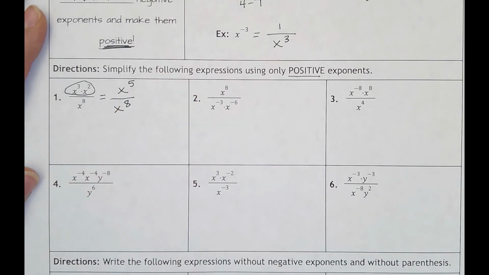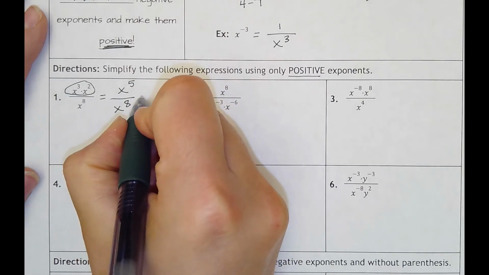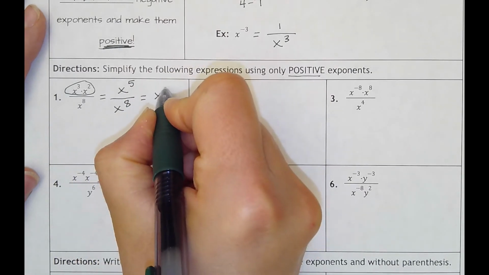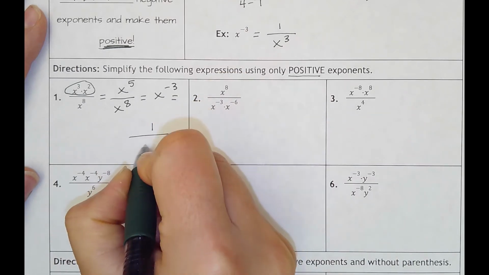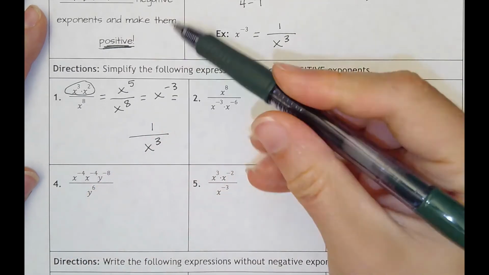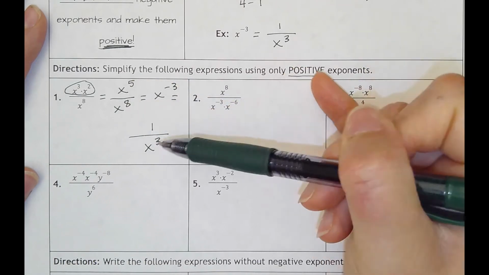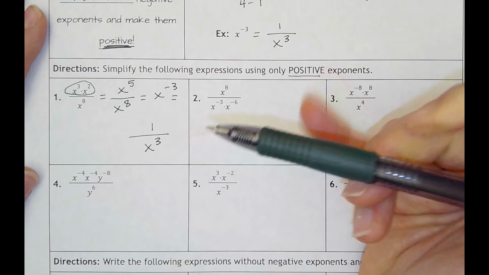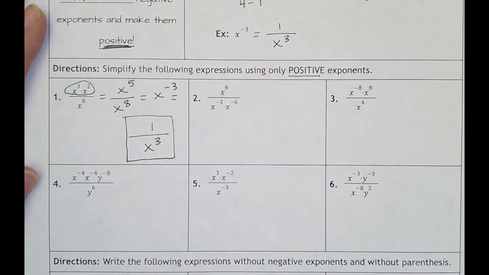So you could do your quotient rule of subtracting 5 minus 8, which would be x to the negative 3rd, and then flip it. Or you could do what I say I do and just take 8 minus 5, but I know the bigger number is down in the bottom. So that's why x cubed is down here. So we got the same answer that we got in our examples.